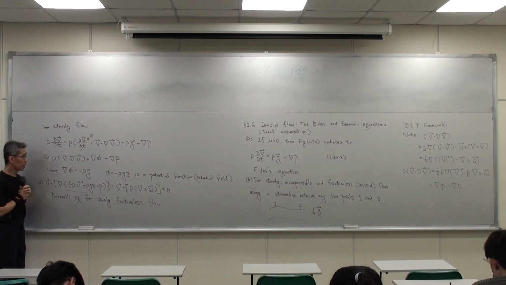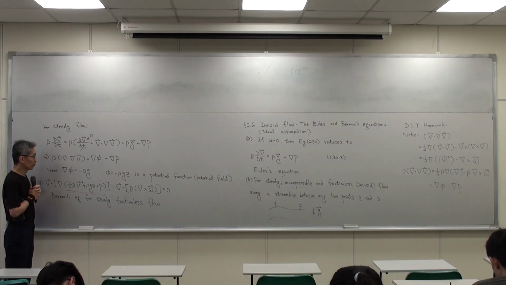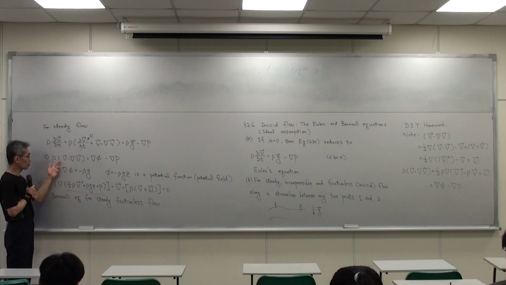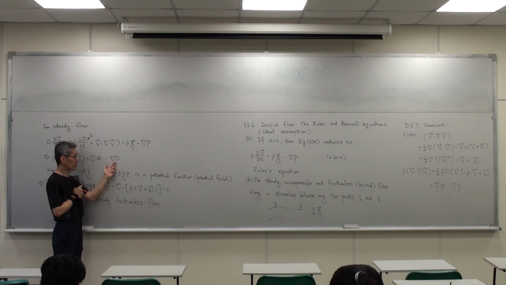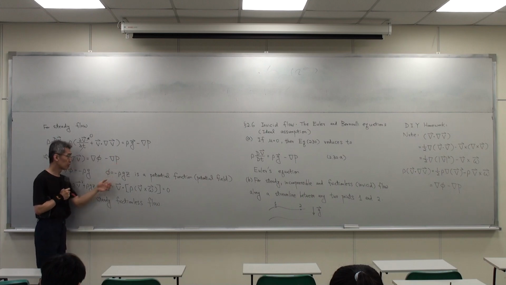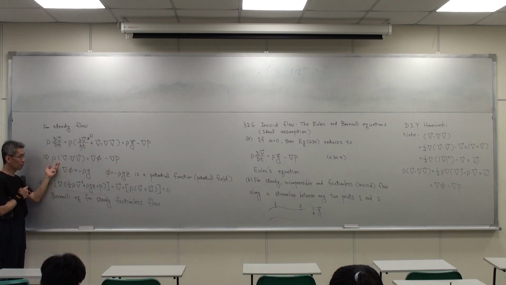For this equation, you can see the right-hand side is basically the gradient of the potential function and the gradient of pressure. If on the left-hand side we can make this become some gradient, then we can integrate the whole equation.